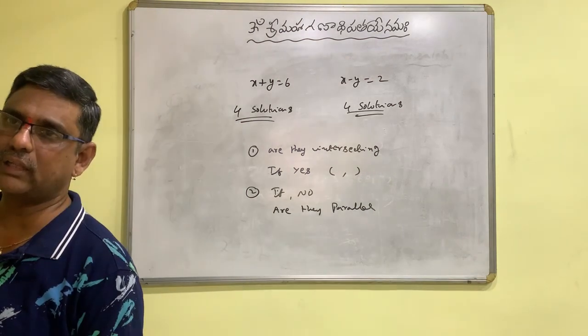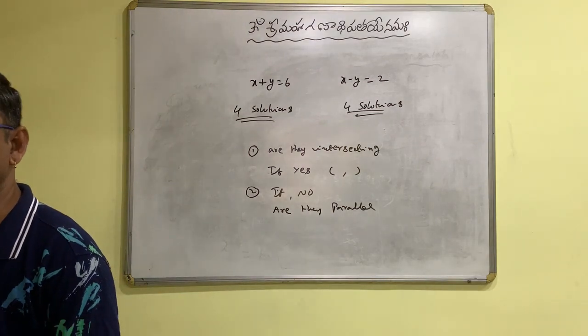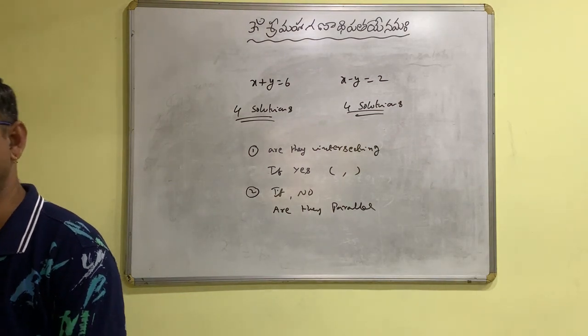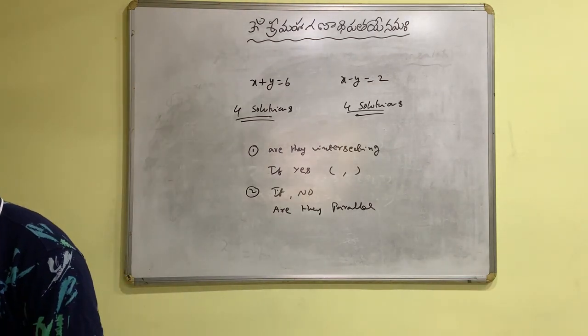Yeah, good. All these are right. 1 comma 5, 5 comma 1, 2 comma 4, 3 comma 3, 4 comma 2, 0 comma 6, 6 comma 0. So these are the solutions for the first equation.